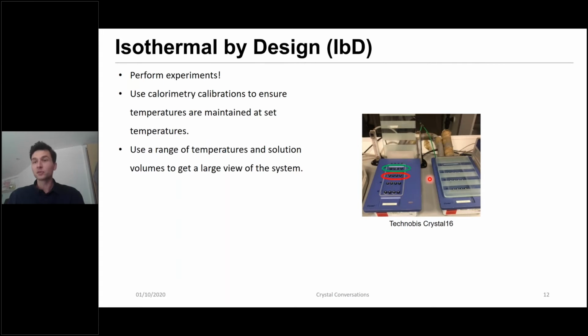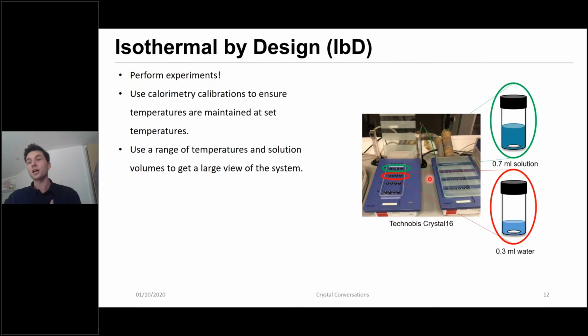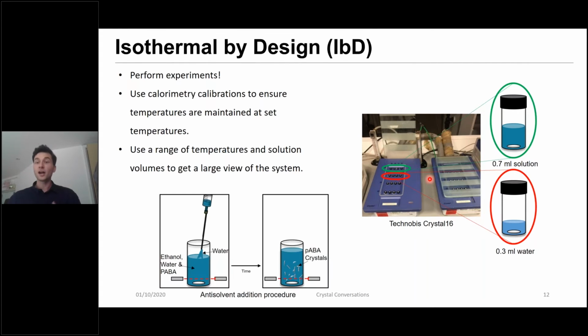Experiments were performed quite easily using the Crystal 16, different blocks, different ones had solution in, different temperature control blocks had our anti-solvent in, and again, simply using a syringe and a needle, extracted the anti-solvent and then put it instantly into the solution, and then waited a period of time till crystals were detected, and this was the induction time. So working on the same method of the temperature jump analysis, but this time with anti-solvent.